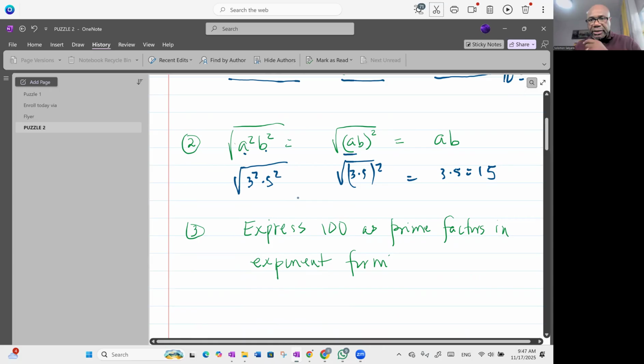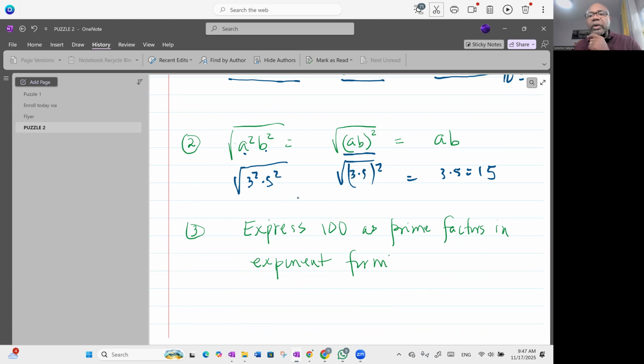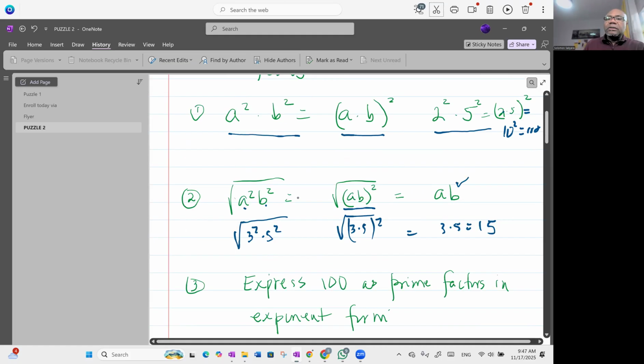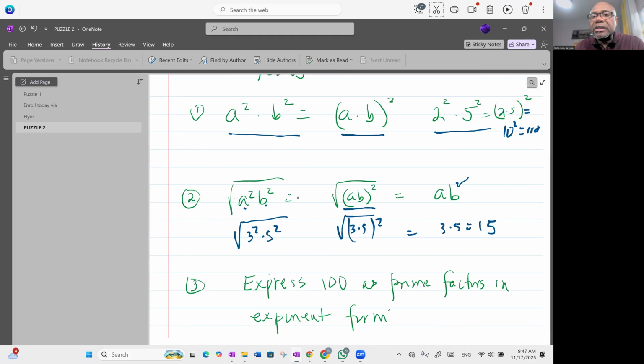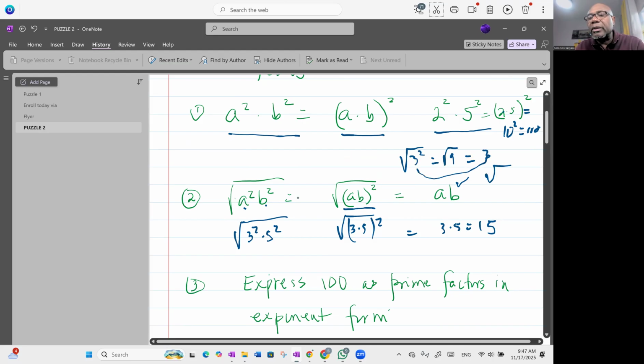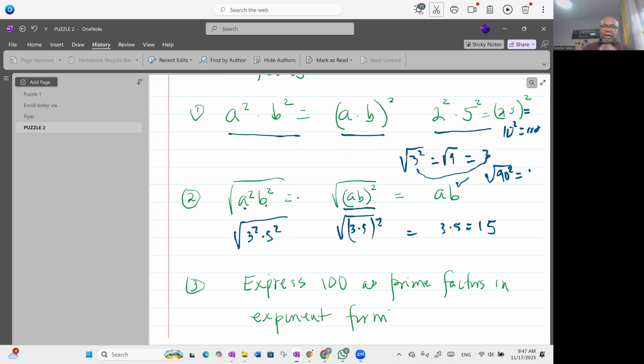Like we just did. And if I have the square root of a number squared, I get the number back, okay? So for instance, the square root of 3 squared is equal to the square root of 9, which is 3. So the square root of a number squared gives me the number. The square root of 90 squared will be 90. You get it? All right.